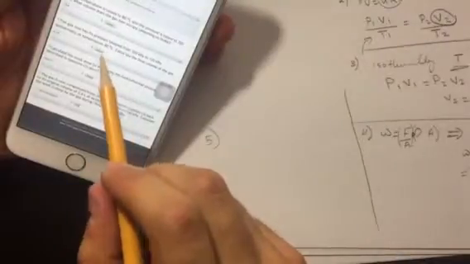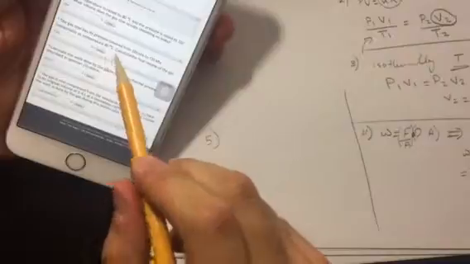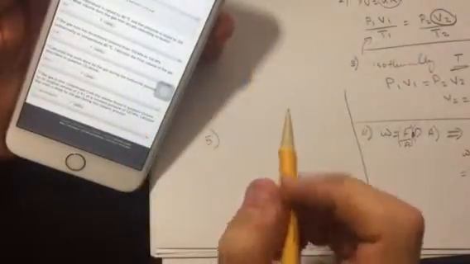For number 5, the gas is now compressed from the volume found in question 3 back to its original volume from question 1. This is the change in volume now. Since it got compressed, the work done is going to be negative.